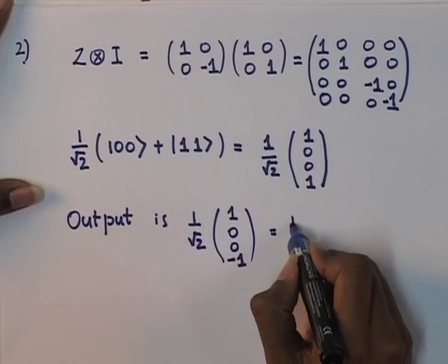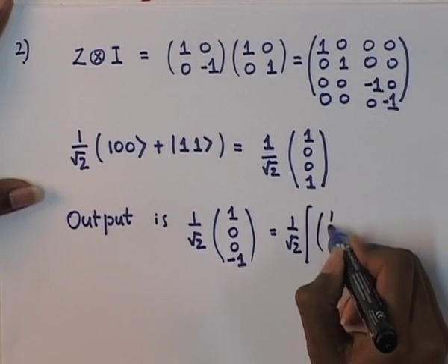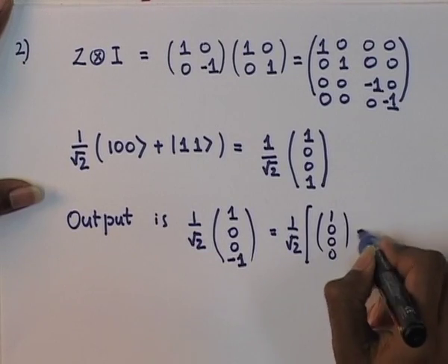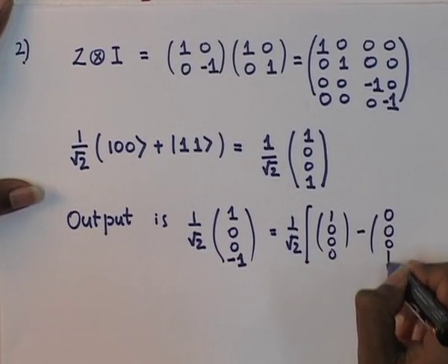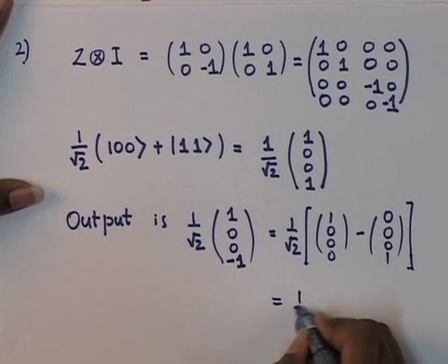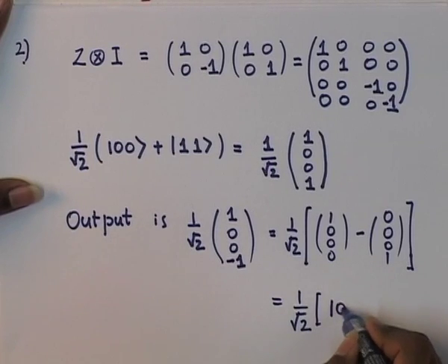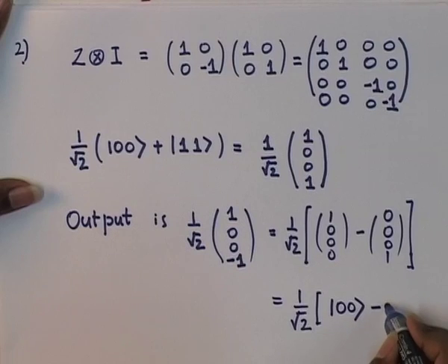We can see that this can be written as 1 by square root 2 times (1000 minus 0001), which is 1 by square root 2 times (the 00 state minus the 11 state).